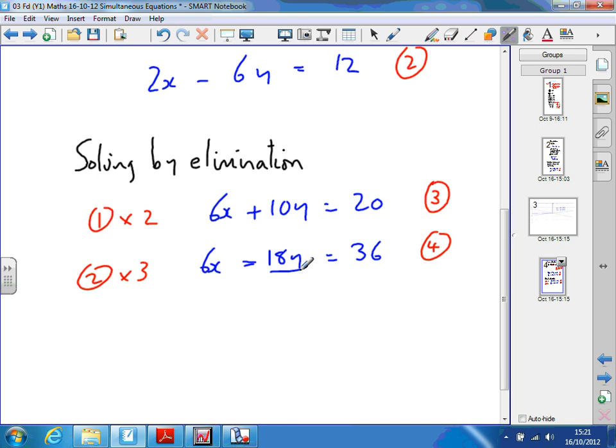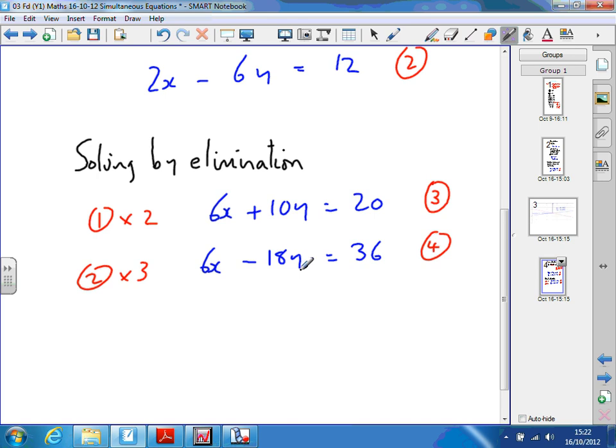So I'd end up with 28y. Positive. That's good. If I do it the other way, 4 take away 3, I'm going to have minus 18y minus 10y is minus 28y. Negative, not so good. So try and do the subtraction so that you end up with a positive number of y's. That will make life easier for yourself.